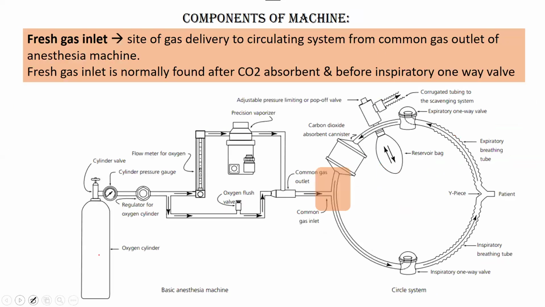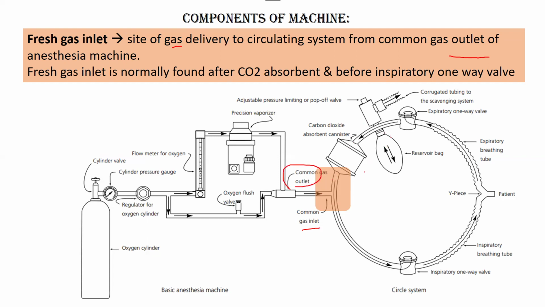Next we have the fresh gas inlet. Fresh gas inlet is the site of gas delivery to the circulating system from the common gas outlet of the anesthesia machine. Fresh gas inlet is normally found after the carbon dioxide absorbent and before the inspiratory one-way valve. So this is the common gas inlet or fresh gas inlet, and it comes after the common gas outlet.